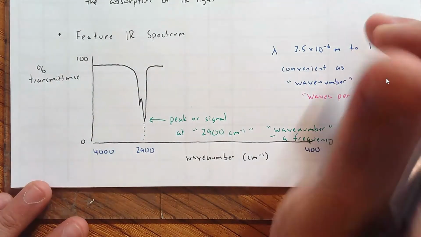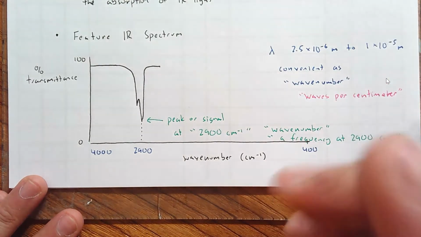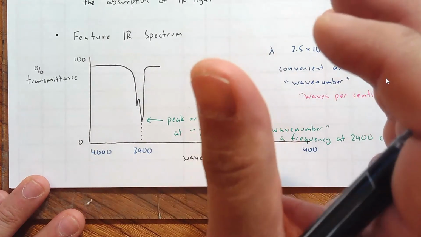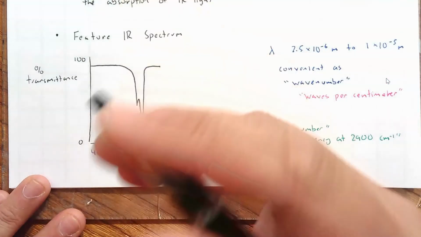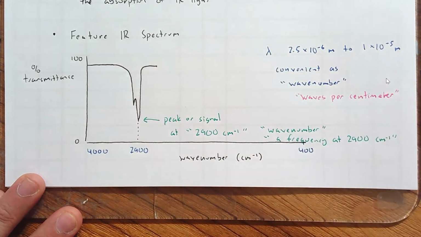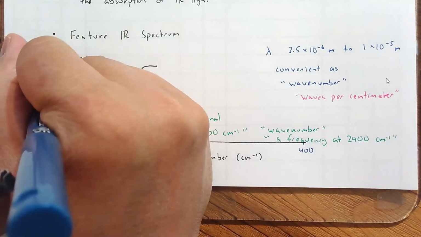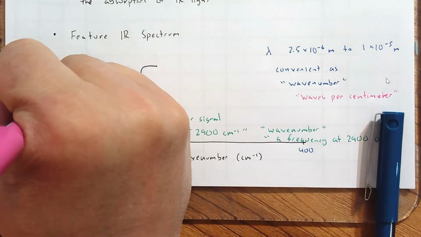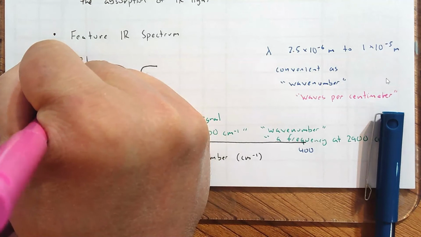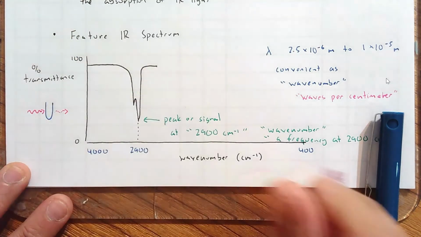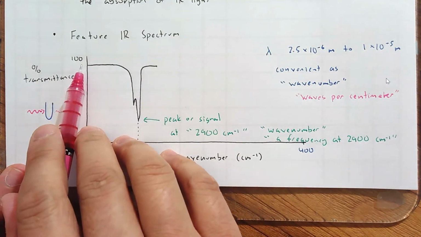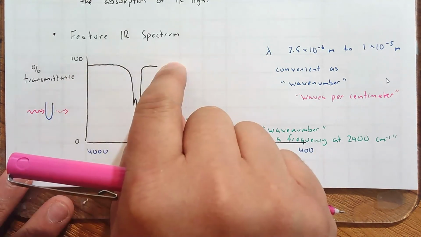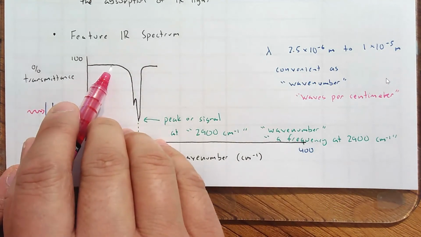Does this make sense? Because if you have a group of atoms that are absorbing a lot of the light, that means that very little of the light is getting through the sample. Very little light is being transmitted. If 100% is transmitted through, then you have no absorption, and that's why we have flat up here.